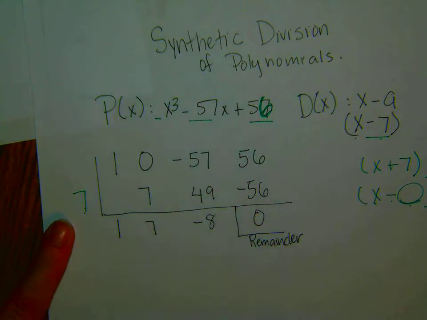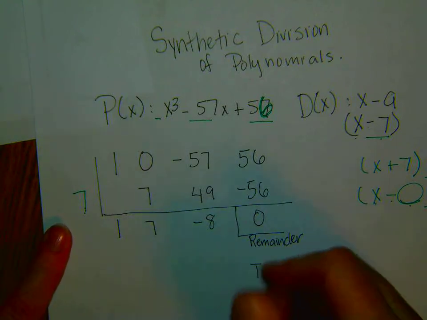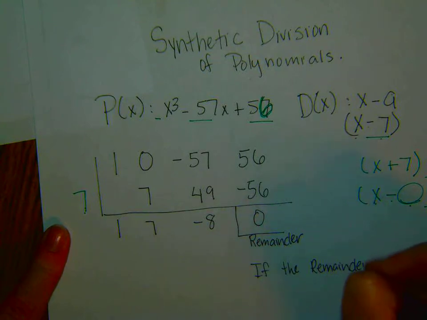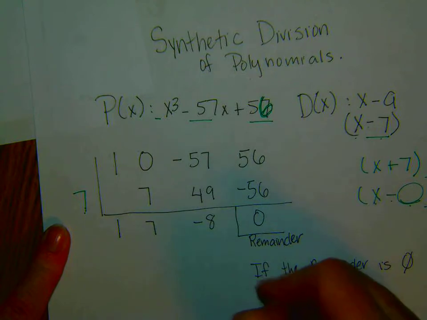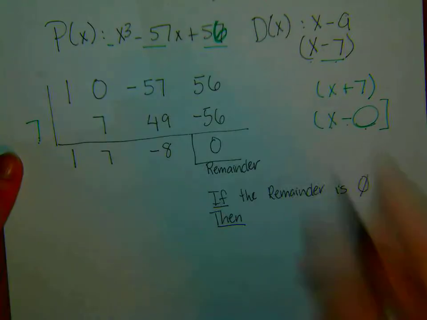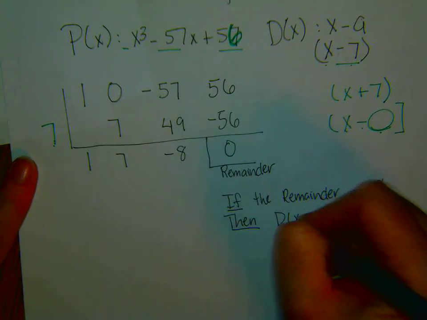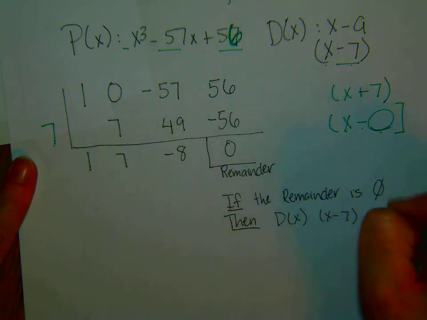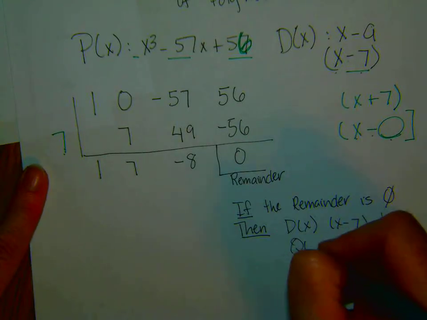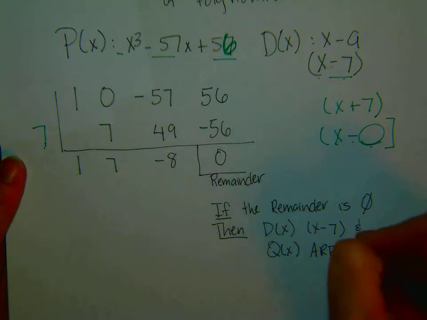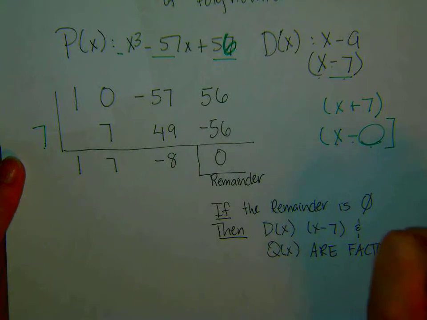Now that is very significant, because if the remainder is 0, then d of x, whatever we divided by, which in our case was x minus 7, and q of x, which is our answer, are factors. Okay? Are factors. So let's see what we have for q of x.